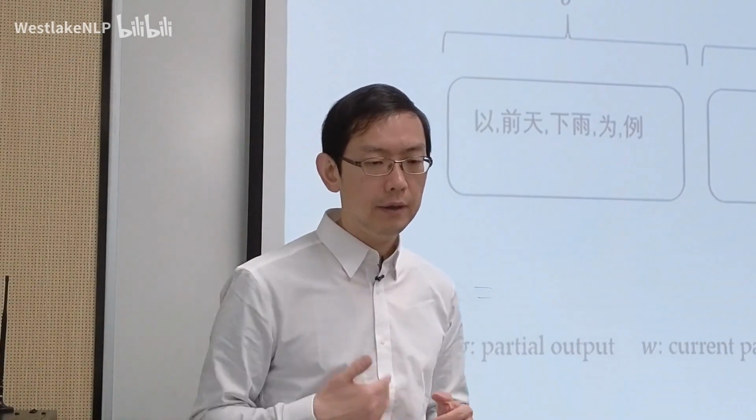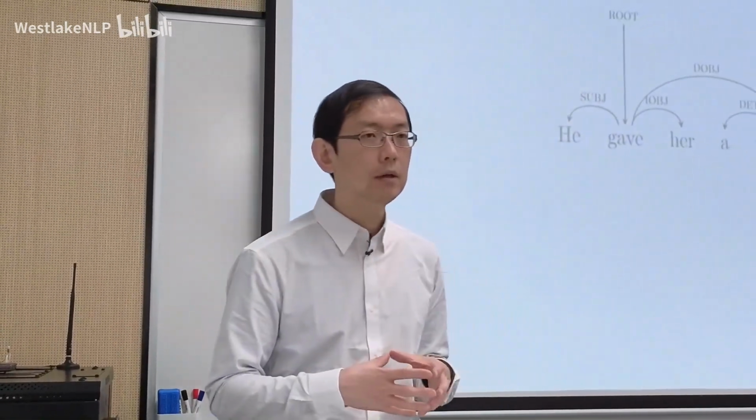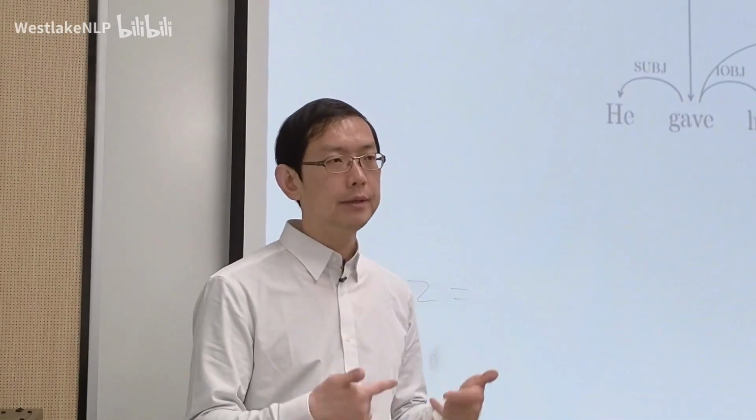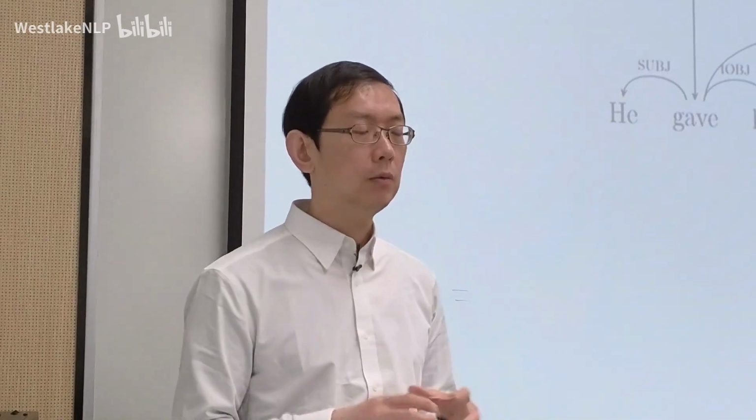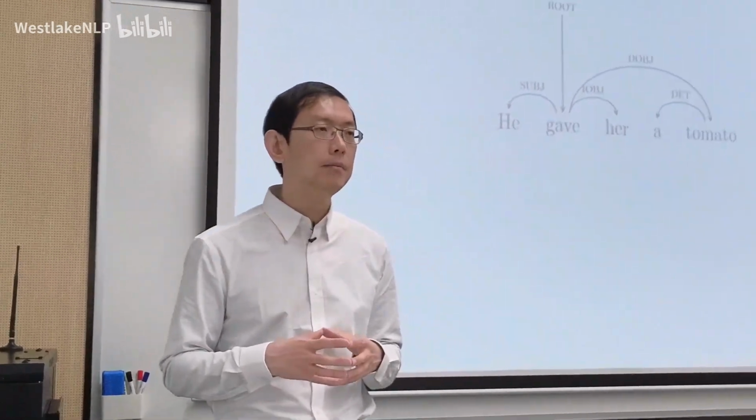Let's take a look at another example, dependency parsing. We didn't look at graph-based dependency parsers before, but let's just recap. In chapter 1, we discussed this task, right? The input is a sentence, and the goal is to predict the word-word relations. So in this example, "he gave her a tomato".